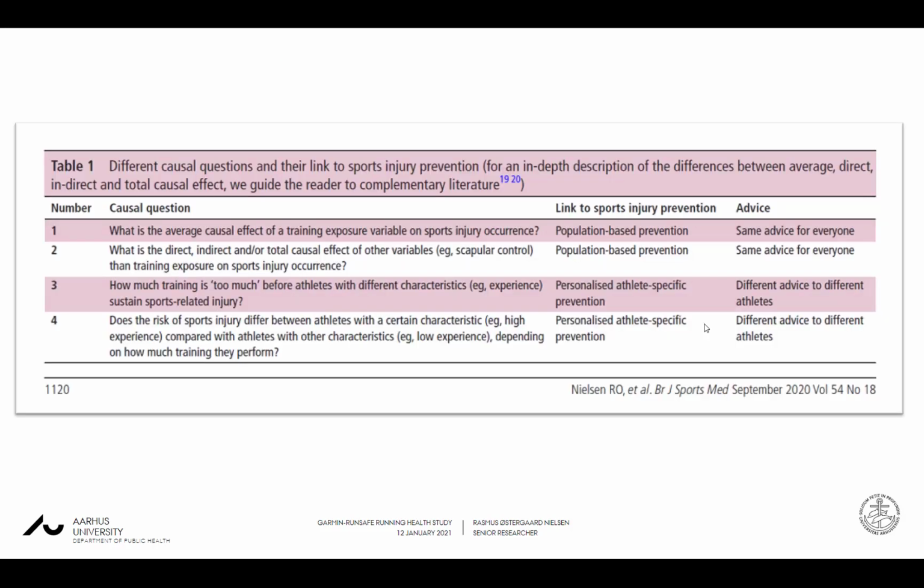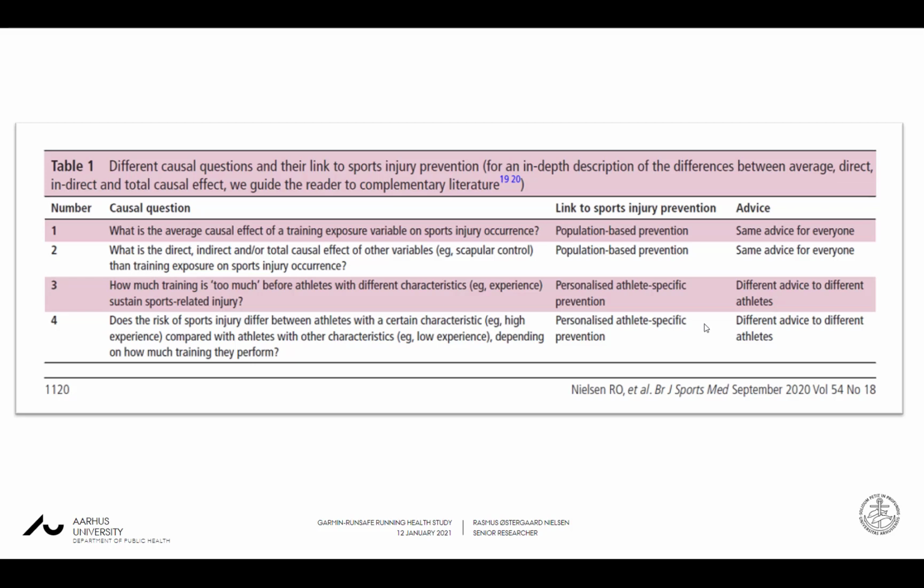And in our article, we discussed different types of research questions and their link to sports injury prevention. There are 4 different types of causal research questions. Number 1 and 2 link to population-based prevention. Here, we want to provide the same advice for everyone.